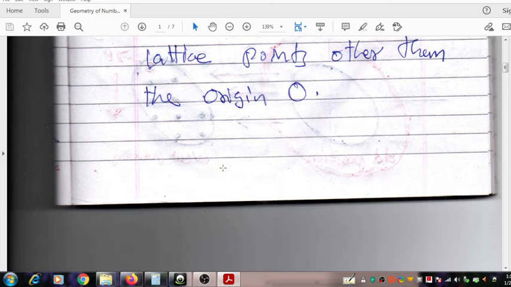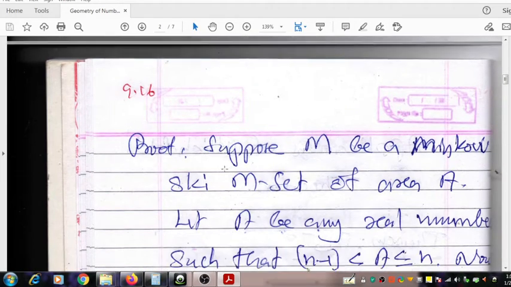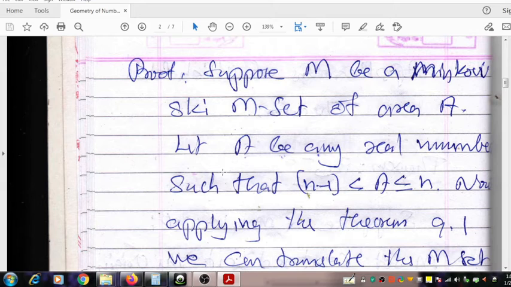Let's come to the steps of the proof. Suppose M is a Minkowski set having the properties stated in the theorem.